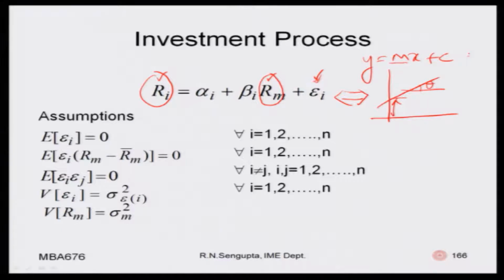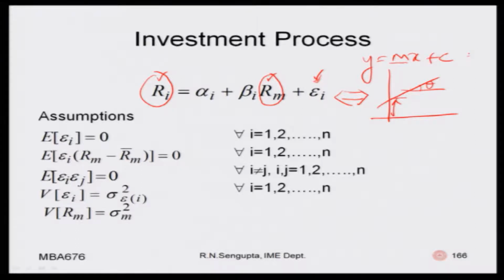That means there is some fluctuation over which we have no control, and this white noise gives you the overall randomness in the process, over and above the randomness in the values of x and y. The value of x would basically be Rm, and the value of y would basically be Ri.